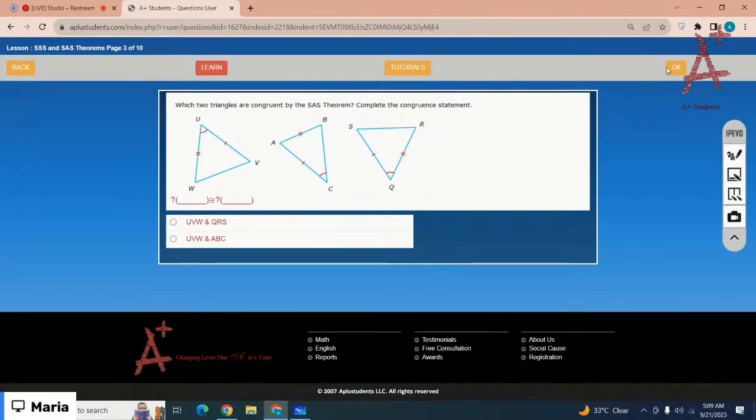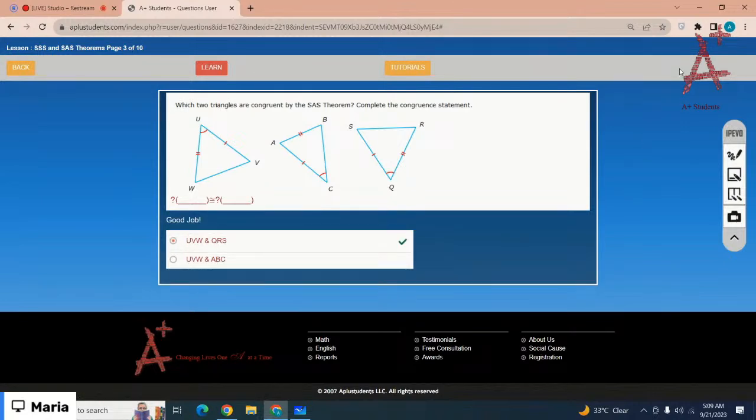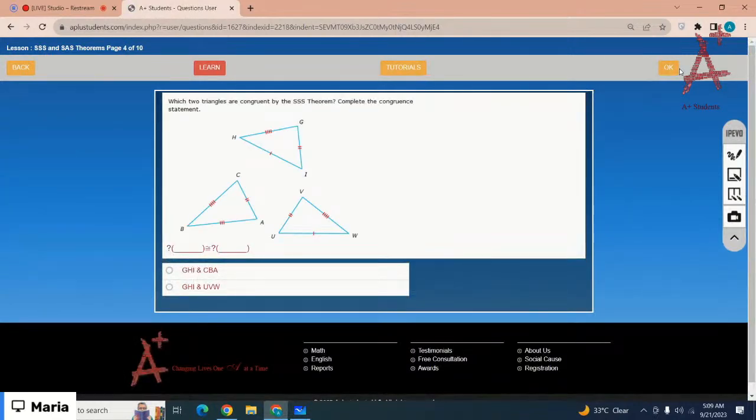So which is the correct option? UVW and QRS. Option number 1 is the correct option, right? UVW and QRS are congruent. Okay, which two triangles are congruent by SSS theorem? Which is the correct option?